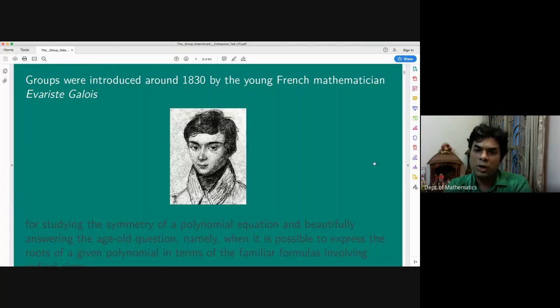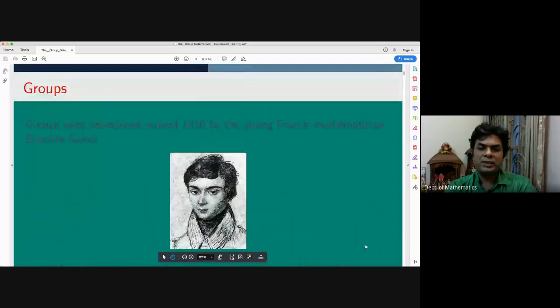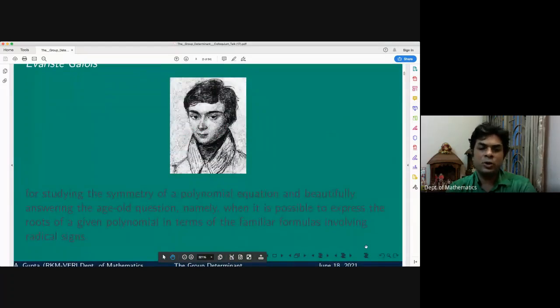You know the quadratic formula, the cubic formula, and there is also a quartic formula, defined in terms of the coefficients of the equation, that gives you all the roots. What this group entails is that Galois associated a group with every polynomial, and in some sense it is the symmetry group of a polynomial. So that's over with Galois.